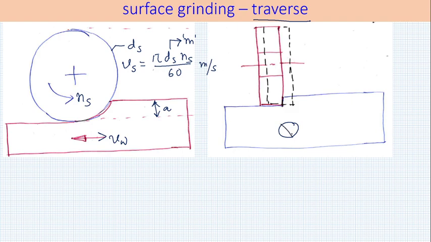This symbol says this particular workpiece is reciprocating perpendicular to your viewport, and this is BW.